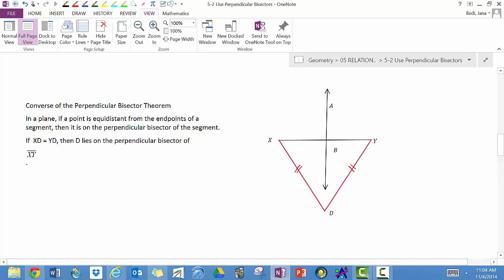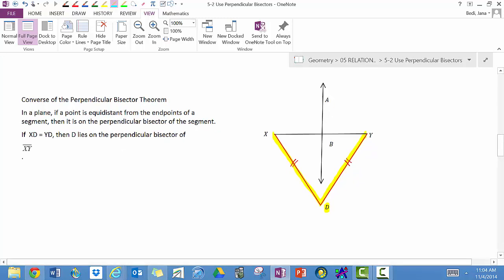The converse of the perpendicular bisector theorem says, hey, if I have a point, let's say point D, and if I measure the distance from D to Y and D to X, and the point D is equidistant from X and Y, then it follows that it will also lie on the perpendicular bisector.